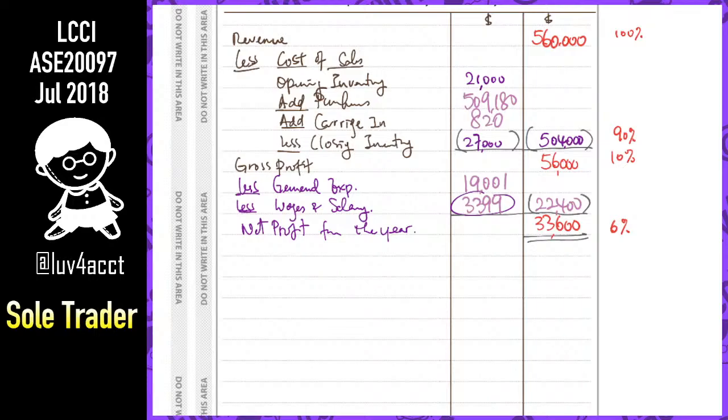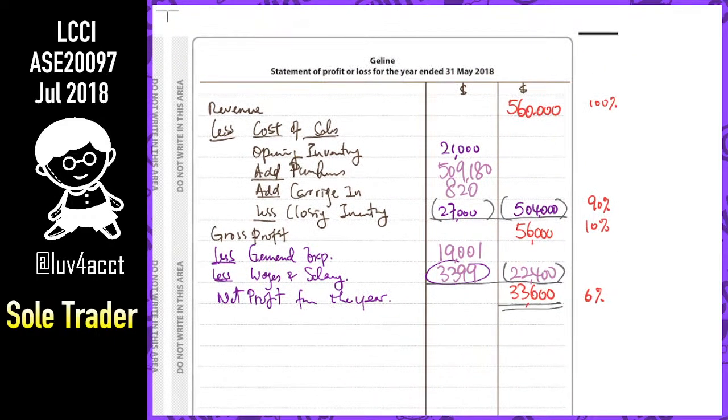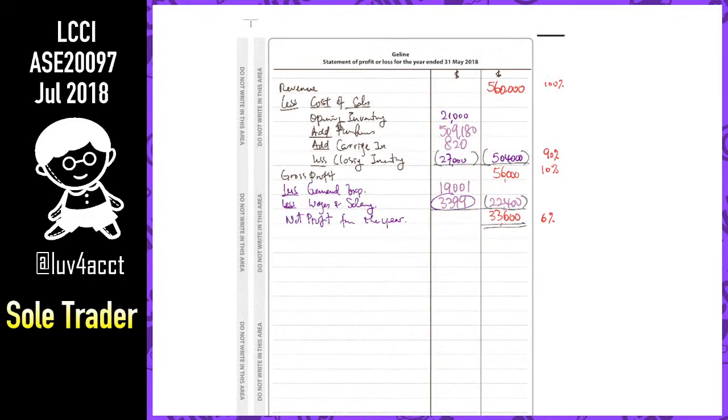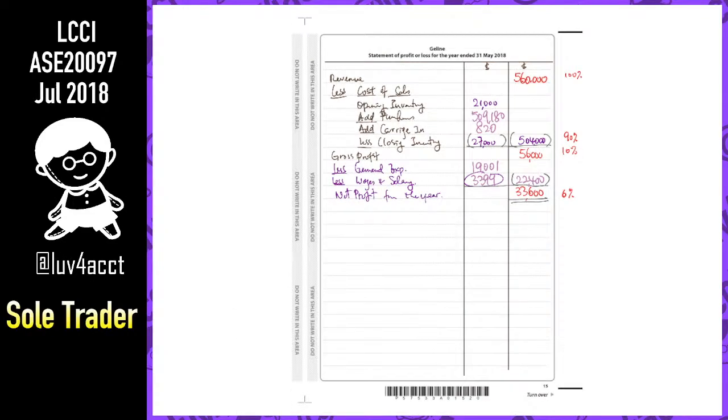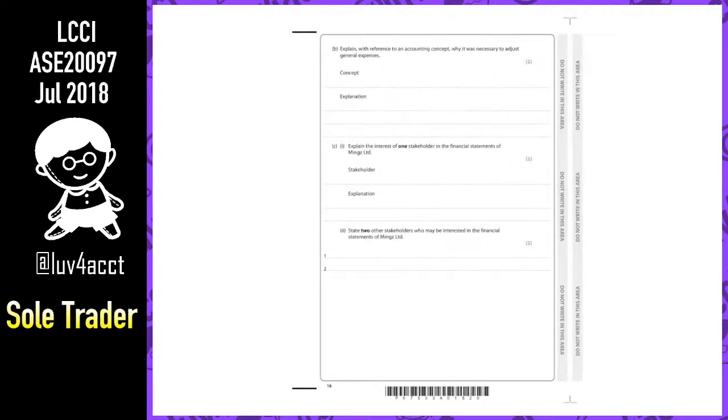Okay, done. So how many marks? This is 9 marks.